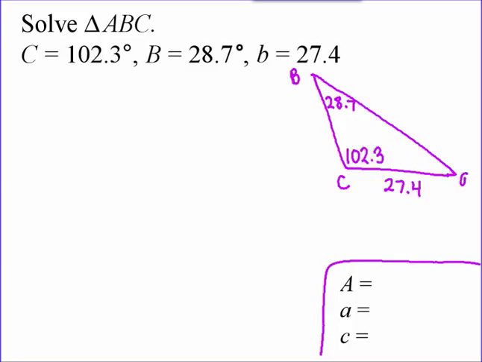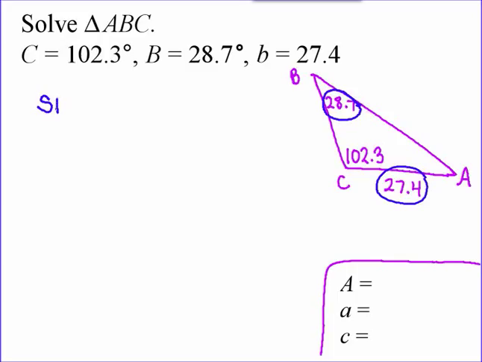And so what I need to do is find angle A, side A, and side C. So in order to solve with the law of sines, you're looking for an angle-side combination. In this case that means 28.7 and 27.4. They are an angle-side combination.